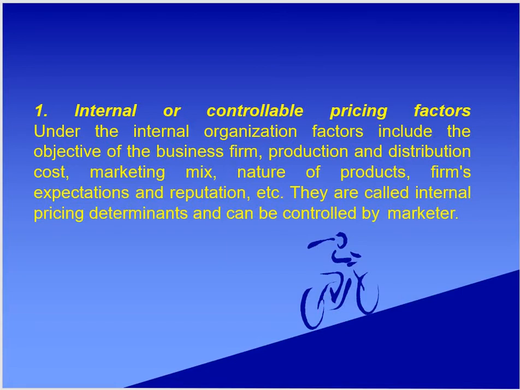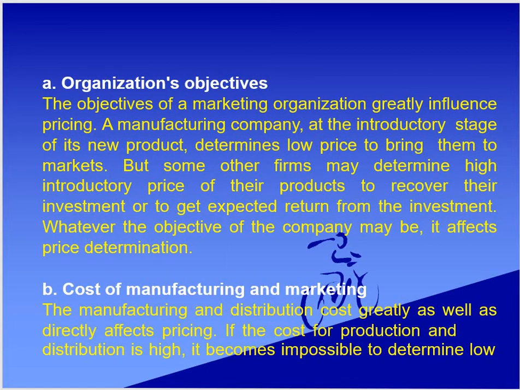If you go to the next slide, slide number 48. A, organization's objectives. The objective of a marketing organization greatly influences pricing. A manufacturing company at the introductory stage of its new product determines how low a price to bring it to market, but some other firms may set a high introductory price for their products to recover their investment or to get the expected return from this investment.